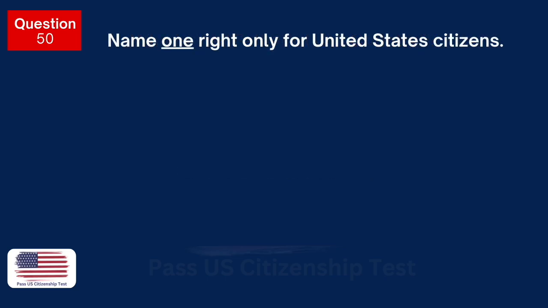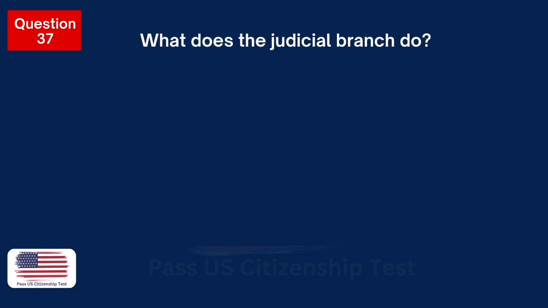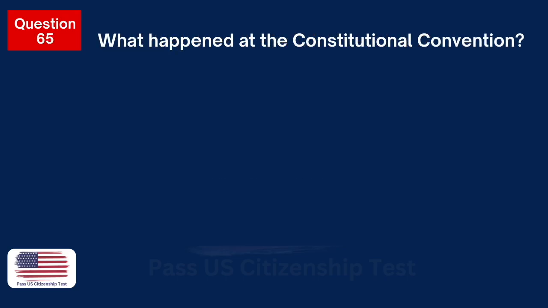Name one right, only for United States citizens. Vote in a federal election. What does the judicial branch do? Reviews laws. What happened at the Constitutional Convention?